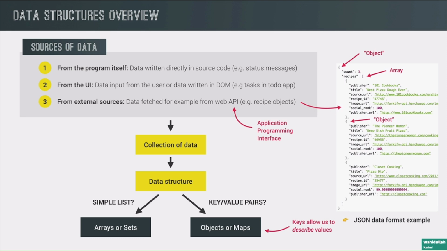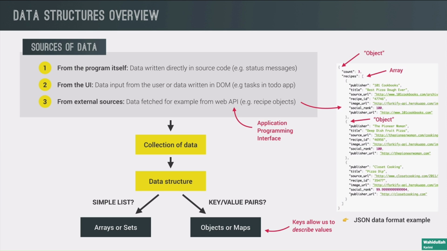We have the values in green, like the title and the publisher, and it makes complete sense that these values are then described using a key. Otherwise, we would have no idea what the different values actually are, right? So key value pairs are essential here, and that's why this data is stored in an object, not an array.